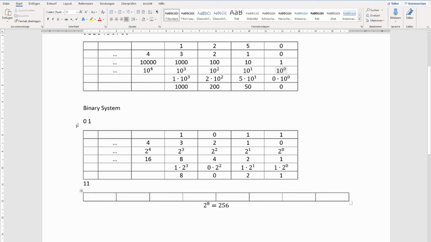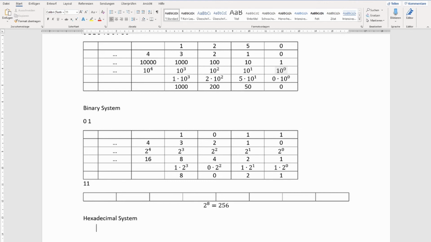So, binary system, why is a byte a byte? There's one pretty useful numbering scheme left. That's the hexadecimal system.